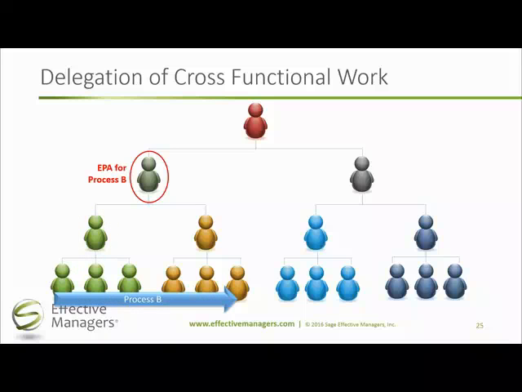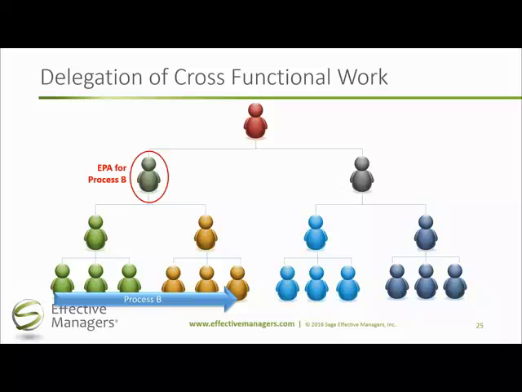The first time you have a process that goes across two teams, here we have Team Green and Team Gold, the manager of Team Green can identify issues, can try to resolve them within Team Green, but if it impacts on Team Gold, does not have the authority to direct people on Team Gold to work differently or to change the process within their area.